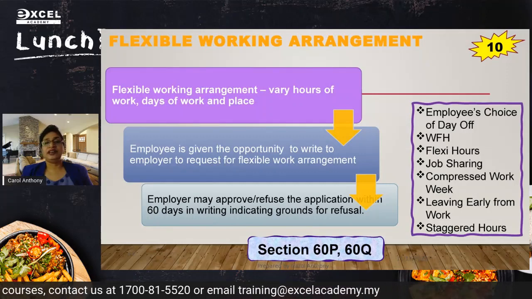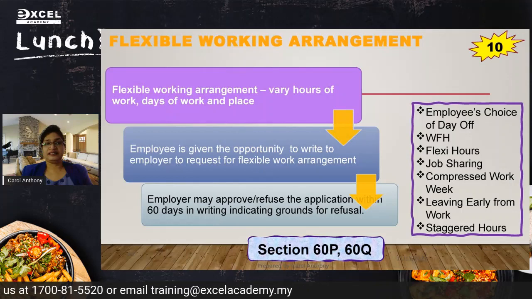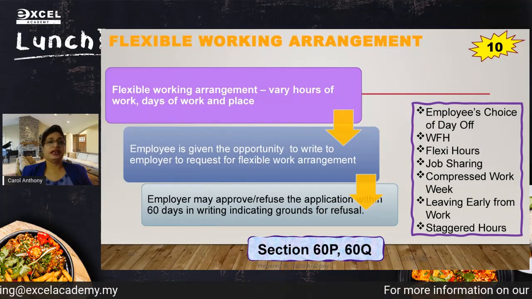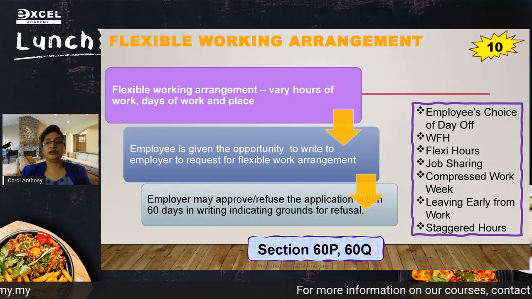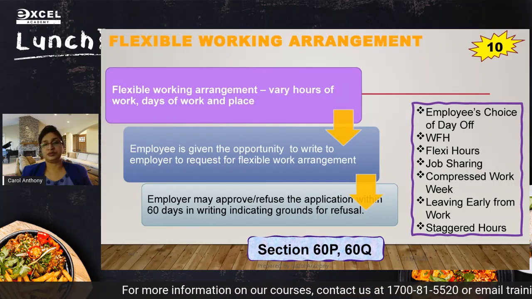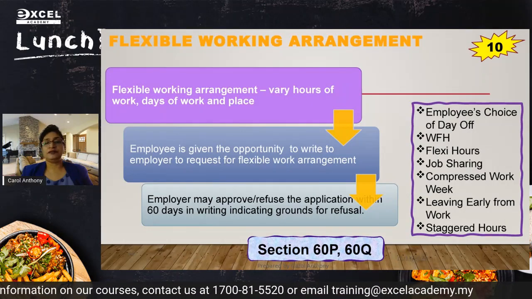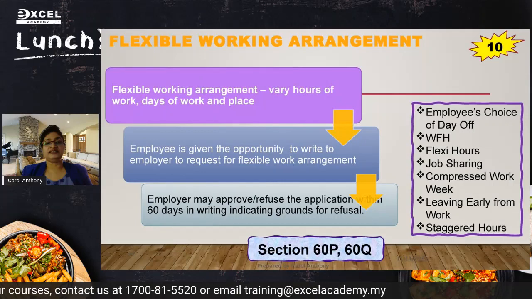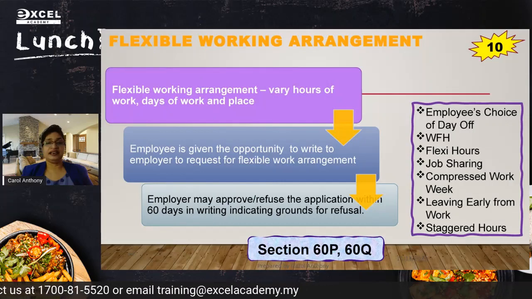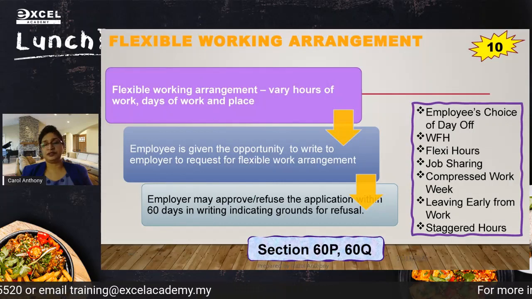You can vary the hours of work, days of work, and place of work for the employee. Employee should be given the opportunity to write to employer to request for flexible work arrangement. Okay, so employer may approve or refuse the application within 60 days in writing, indicating grounds for refusal.